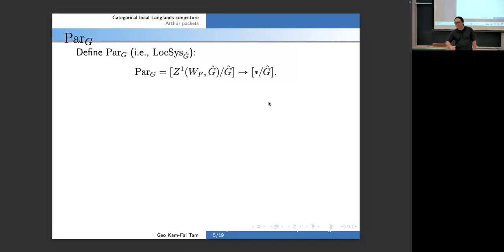Okay. I really appreciate some of you help me answer these technical questions. But when you look at the local systems, G hat is defined over what basis? What basis? I'm not sure. Yeah, it's a good question, but this is just a notation used by Gay-Scully. So you ask Gay-Scully maybe.